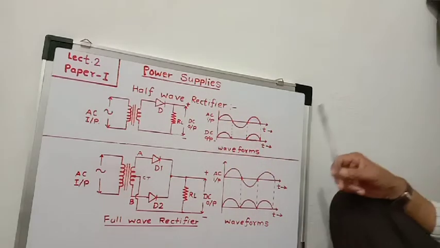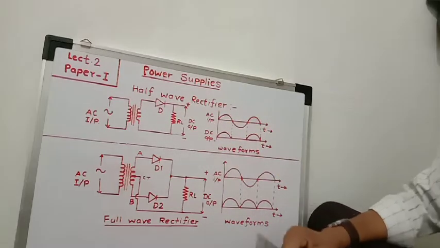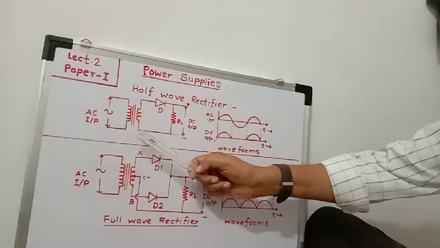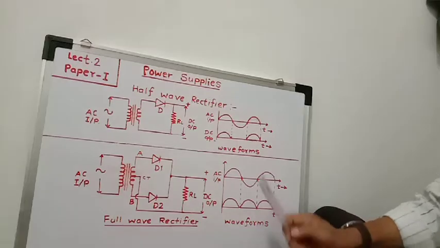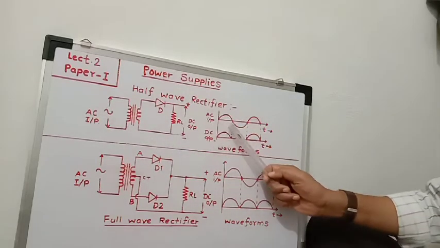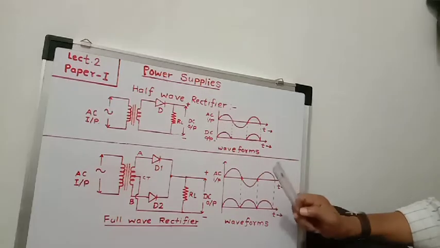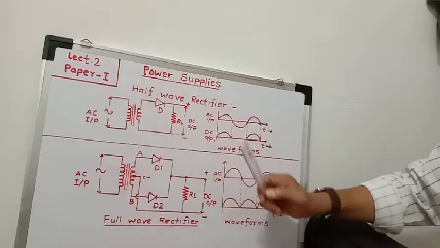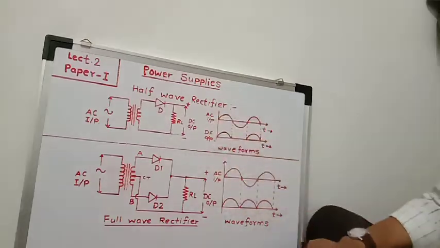In a half wave rectifier circuit, only one diode is used. Let us suppose this is our terminal A and this is terminal B. Then during the positive half cycle of this AC input voltage, let terminal A of the transformer be positive, then terminal B will be negative.